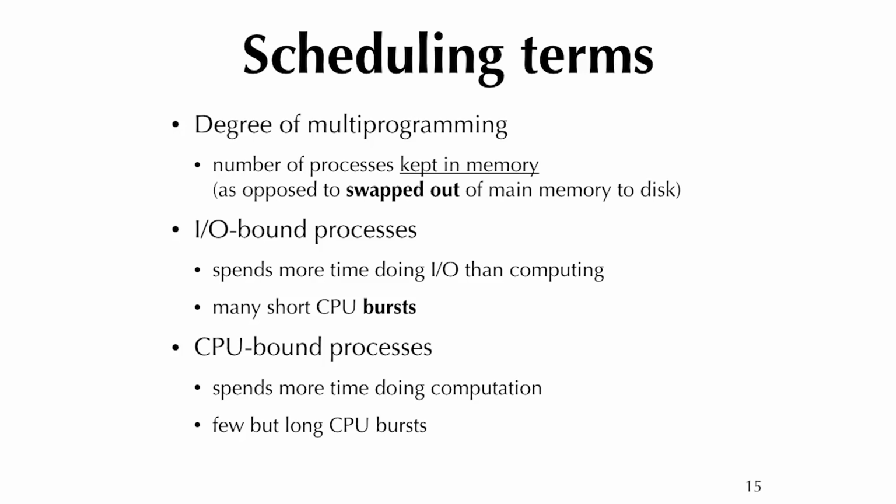What it does is take that chunk of memory and save it on disk, and that's to swap out. And we'll come back to swapping in the memory management chapter. And so everything else gets kept in memory, right? So degree of multiprogramming refers to how many processes you keep in memory, okay?